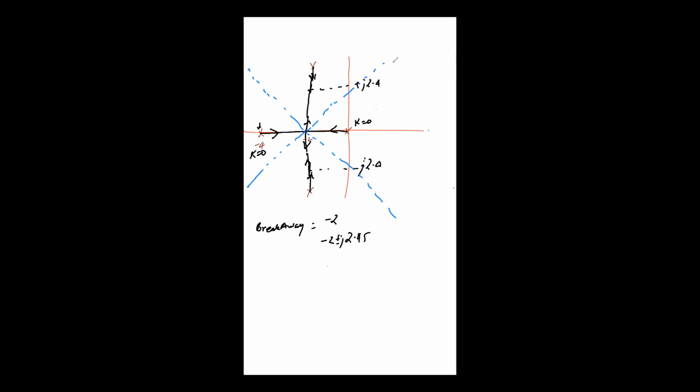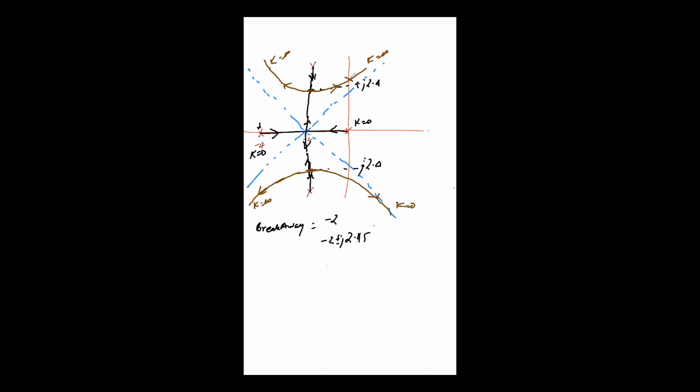So after it breaks away at this point, one branch will move like this, but another branch will move like this. This is k is equal to infinite. After breaking away from this point, one branch will move like this, another branch will move like this, since k is equal to infinity.